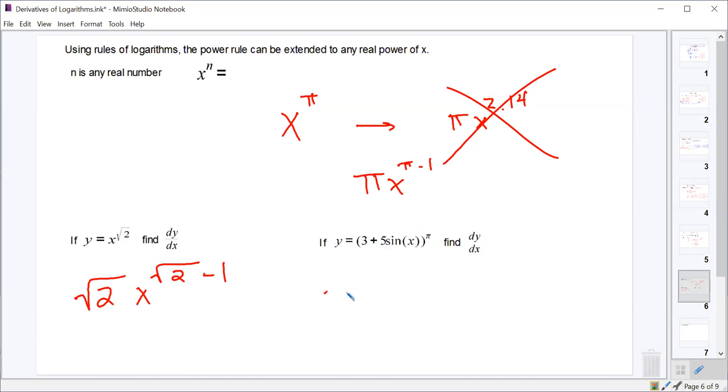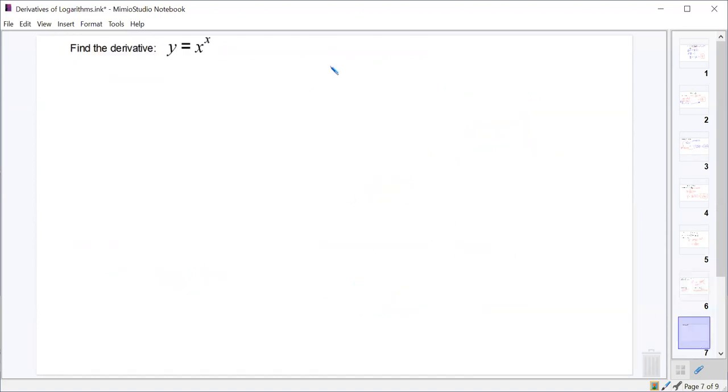It's u to the pi, so that should become pi times u to the pi minus 1 times the derivative of this, 3 plus 5 sine x, which is 5 cosine x. Good or no? All right, I'll assume that's a yes.